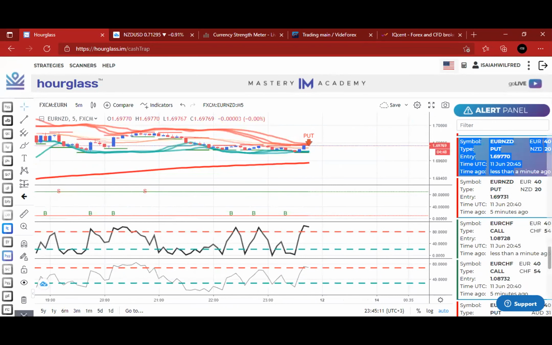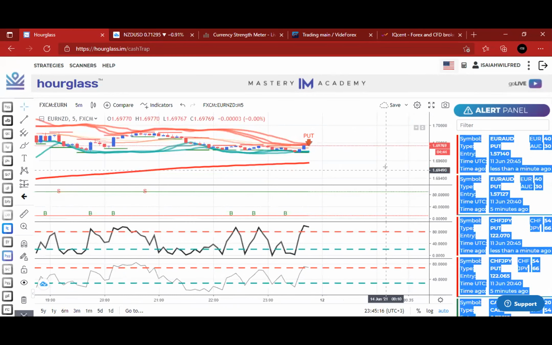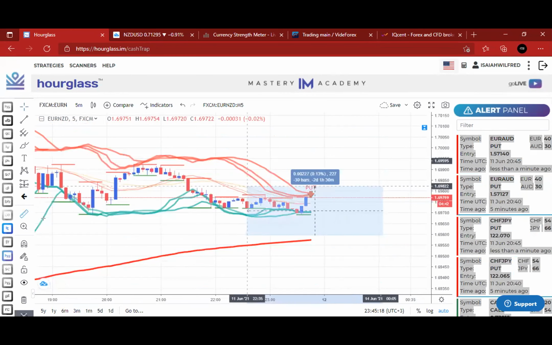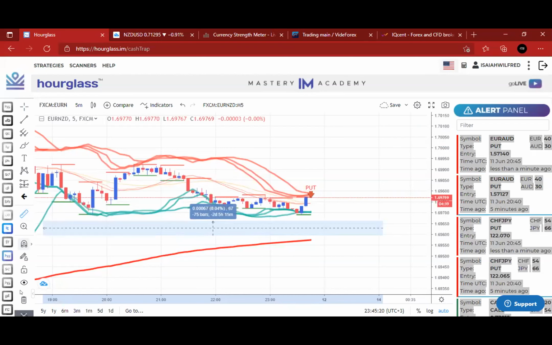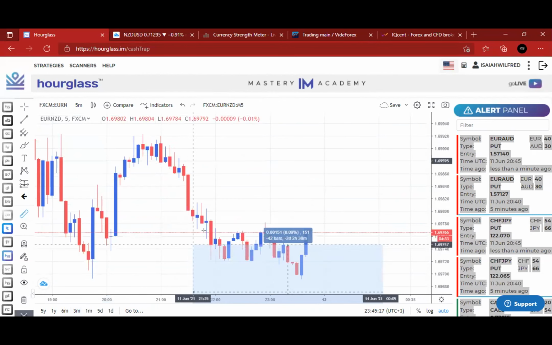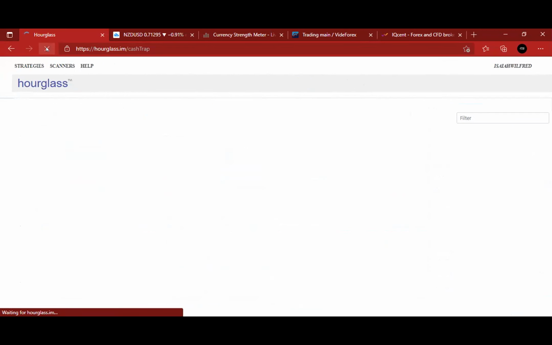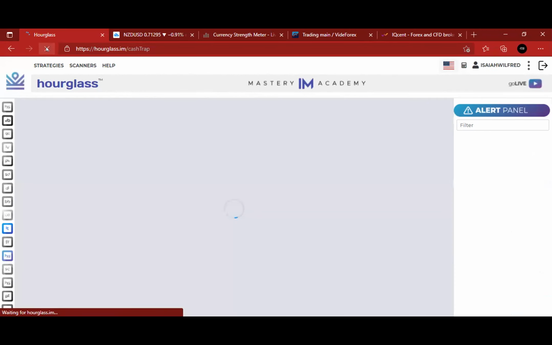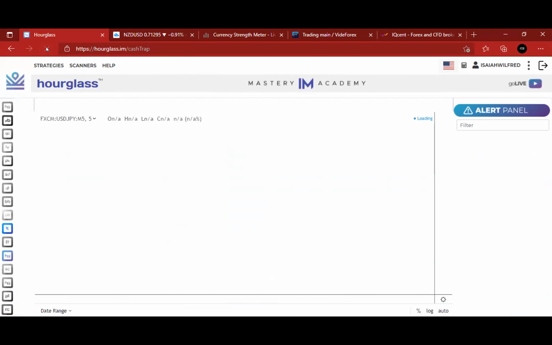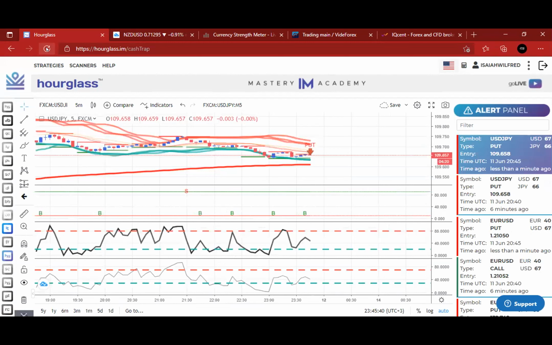Nah, can't take that. So guys, all I'm trying to do is look for the pairs that have their currency strengths so far apart from each other. I don't know why this thing is misbehaving.